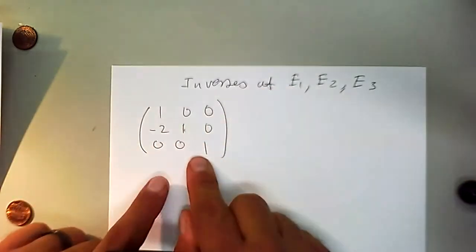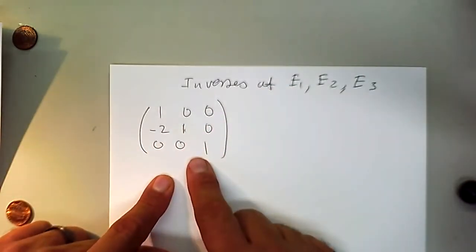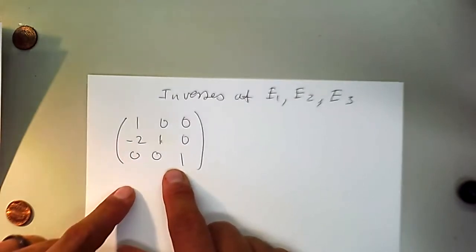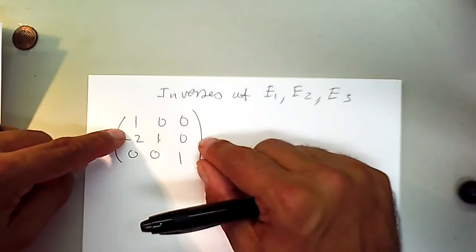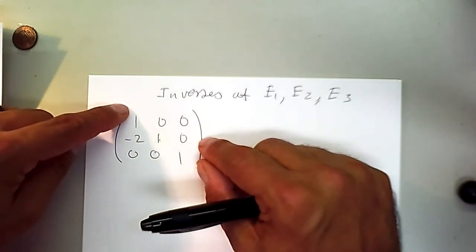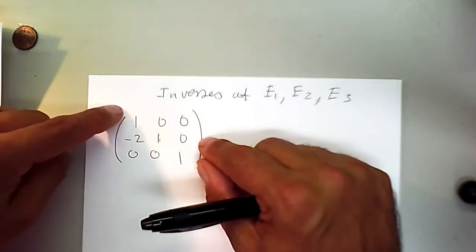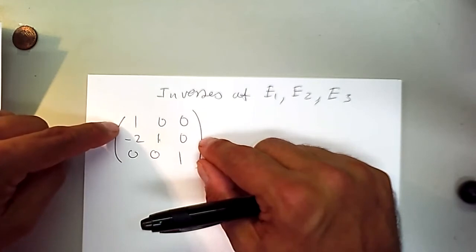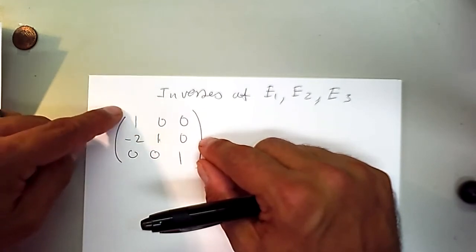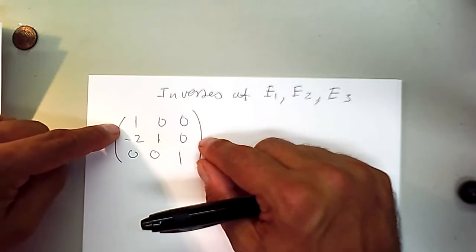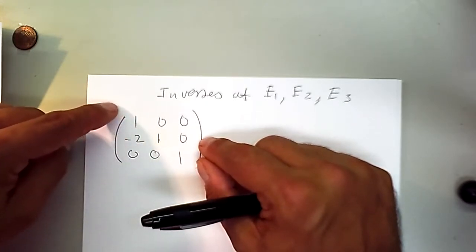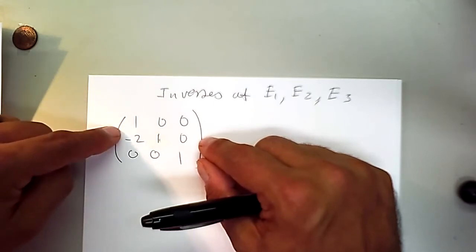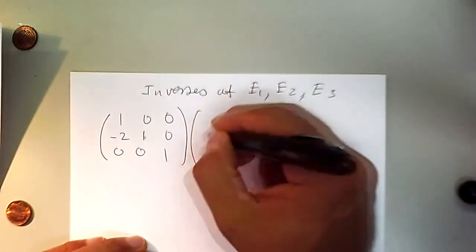Okay, so this is E1, and we want to find its inverse. Now, what we are doing with this matrix is adding twice this row to this row. And to undo that, we can add 2 of those into the same row. This is what I'm trying to say.